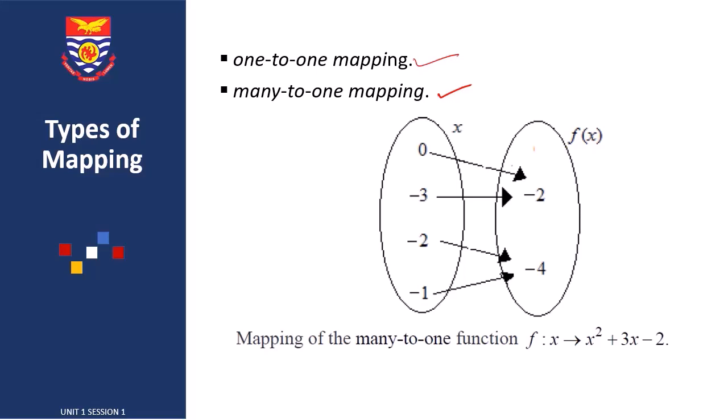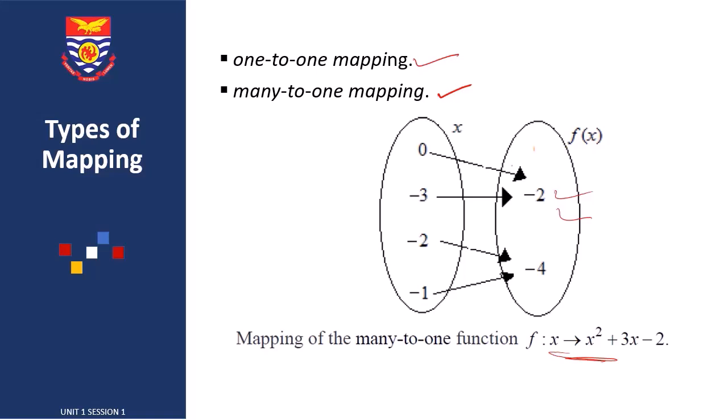So let's see this function or mapping. Because of this expression, I can say it's a function. We take 0 as input into this processor machine, we get -2 as output. Then I take -3 into that process, I get the same thing. So many-to-one: many values of x give the same value.